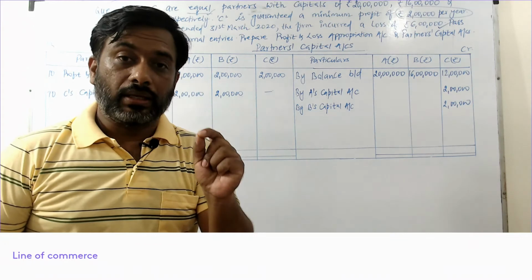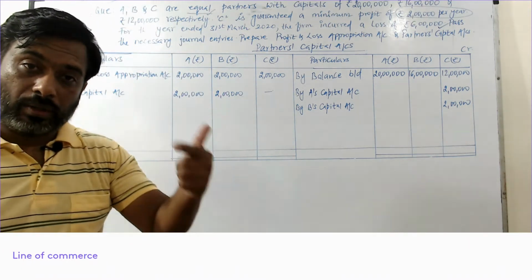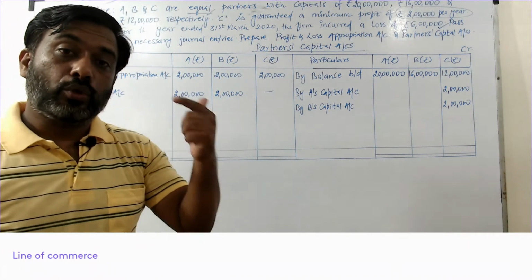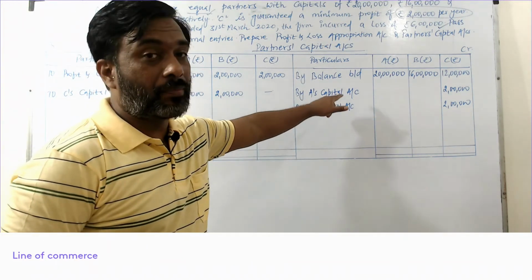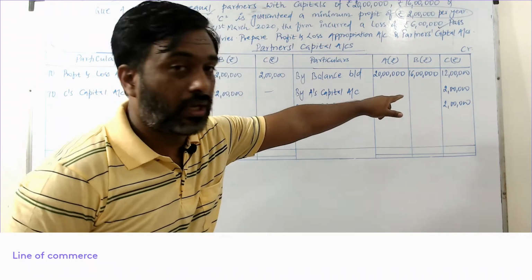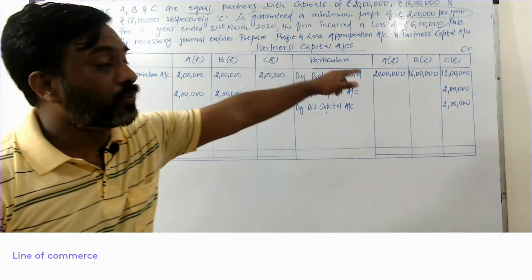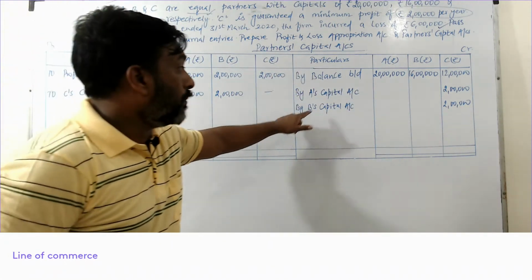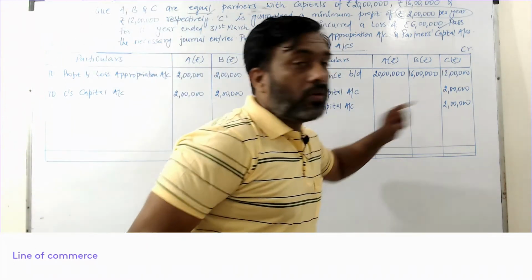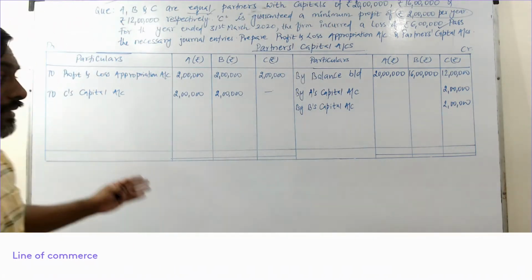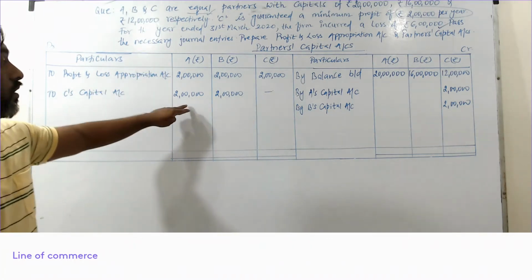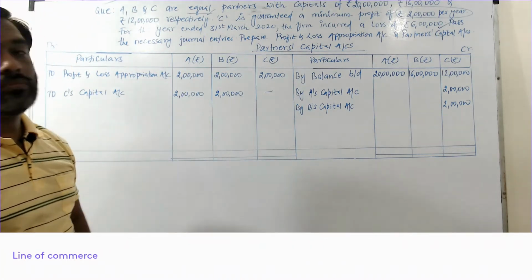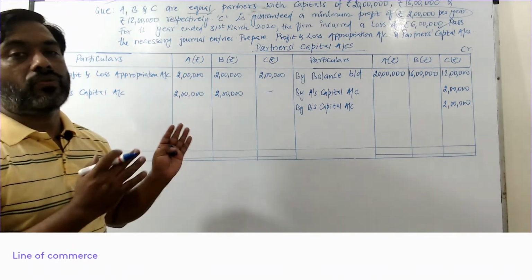The entry is A's capital account debit, B's capital account debit, to C's capital account. That's why in the credit side I wrote by A's capital account. In C's column I wrote 2 lakh rupees. A is contributing 2 lakh rupees to C. By B's capital account, in C's column I wrote 2 lakh rupees. And in the debit side you will write to C's capital account. In A's column 2 lakh rupees, in B's column 2 lakh rupees. This is how you need to do it.